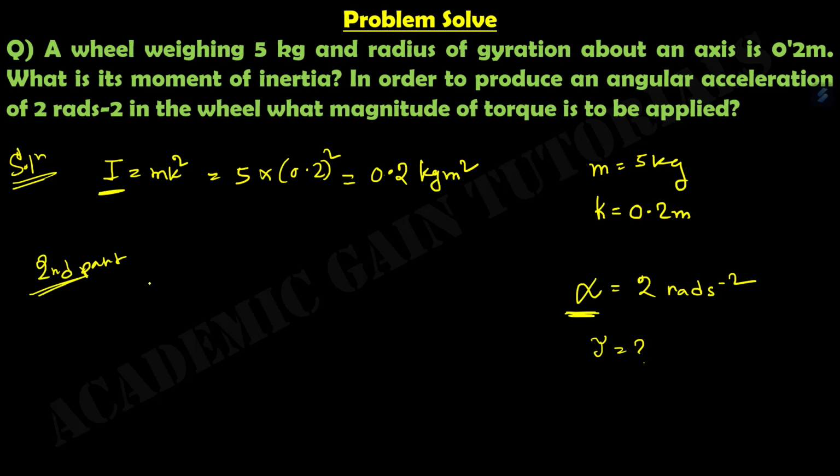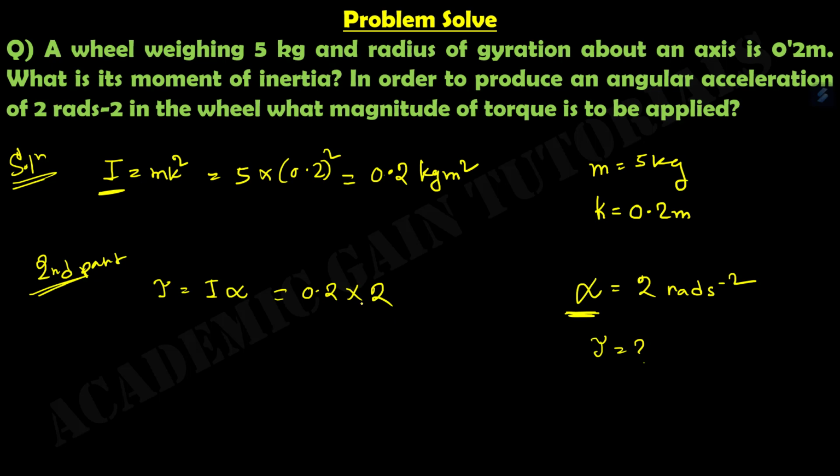We know the relation between torque and angular acceleration is torque tau equals I alpha. In our first part we found I is 0.2 and we have to create an angular acceleration of 2 radian per second square.